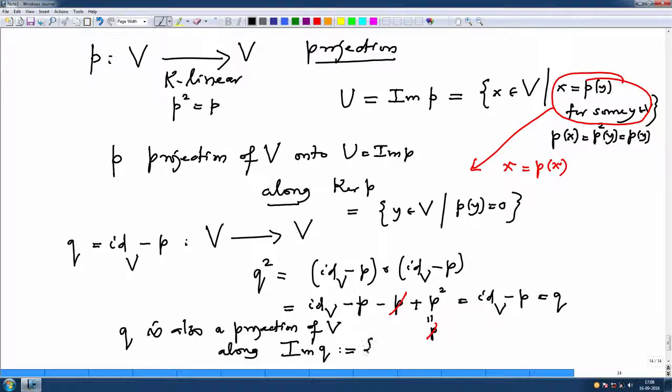So, that means all those x in V such that, I limited this because you already said it is a projection, x is Qx. But what is x is Qx? x equal to Qx means what? Qx we know, that is IDV minus P. So, this Qx is x, ID evaluated at x is x minus P of x.